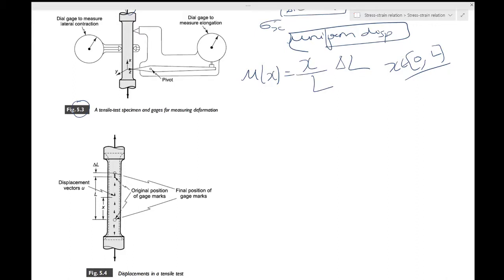That is what was assumed, that you take the lower gauge point as a mark of 0 displacement. So you see the language which is given. Once the strains are small, you can use the normal strain and find the normal strain as dou u by dou x, and that would be delta L by L. So that's how you have found the strain.